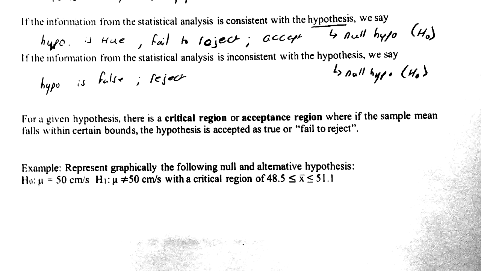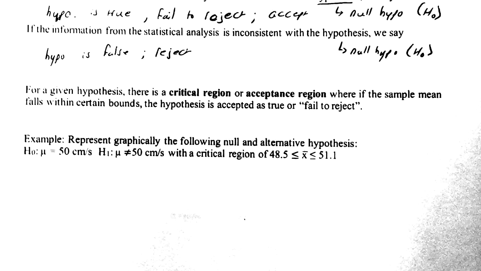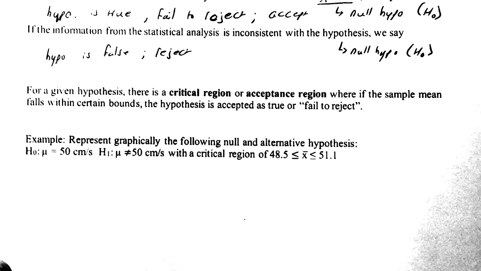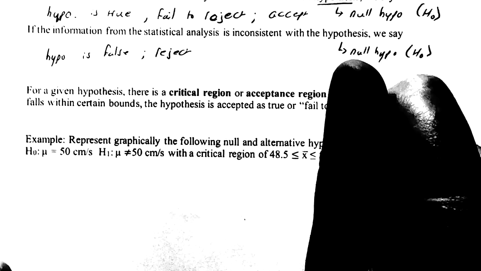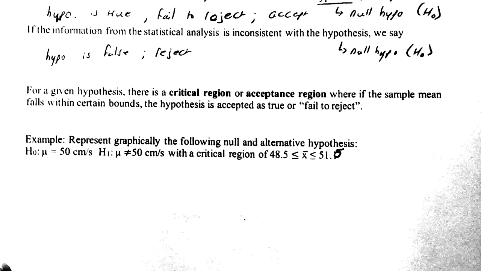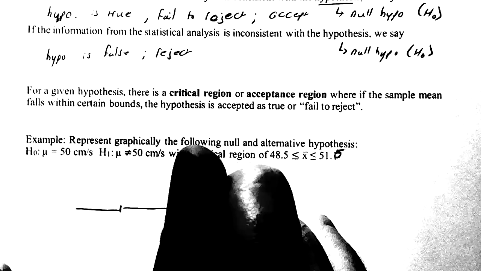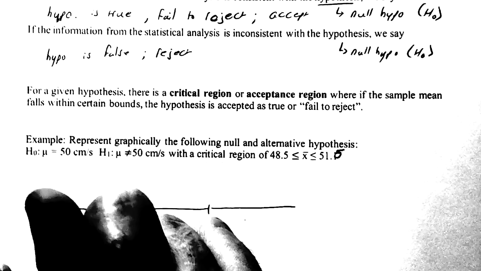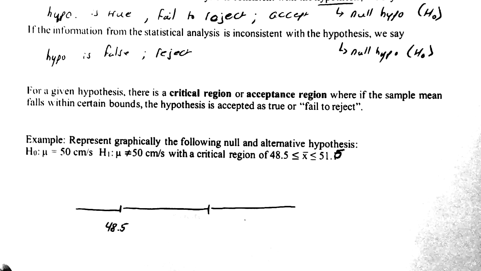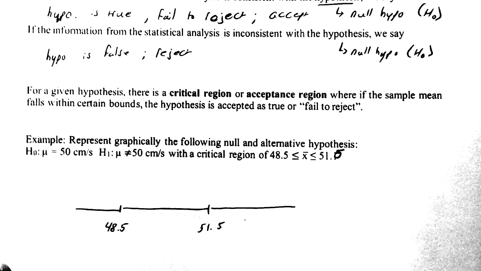So if we're going to look at a region, we could draw this out and we could say that there's a critical region between 48.5, and this is a typo on my handout. I think I fixed it on yours. So 48.5 and 51.5. And so we're going to say that there's this region. And so we have 48.5 as our lower bound. We have 51.5 as our upper bound.